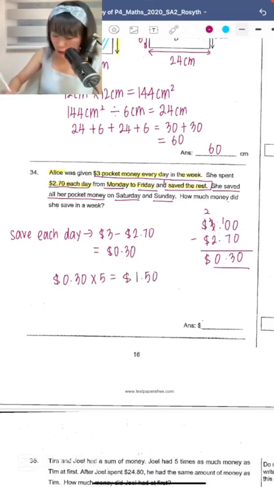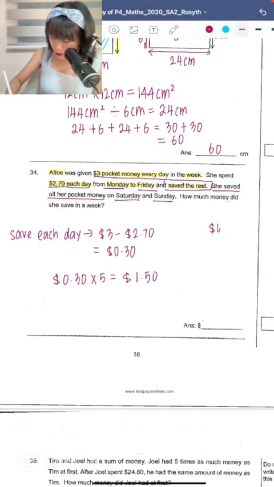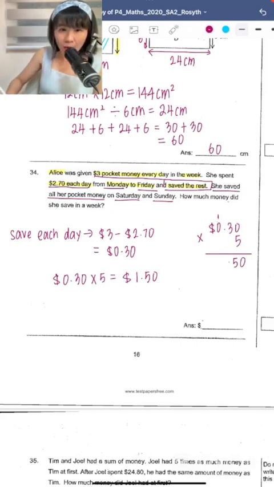This one you can also do out the working if you're not sure, 0.30 times 5. 5 times 0 is 0. 3 times 5 is 15. 0 times 5 is 0. 0 plus 1 is 1. So 150.